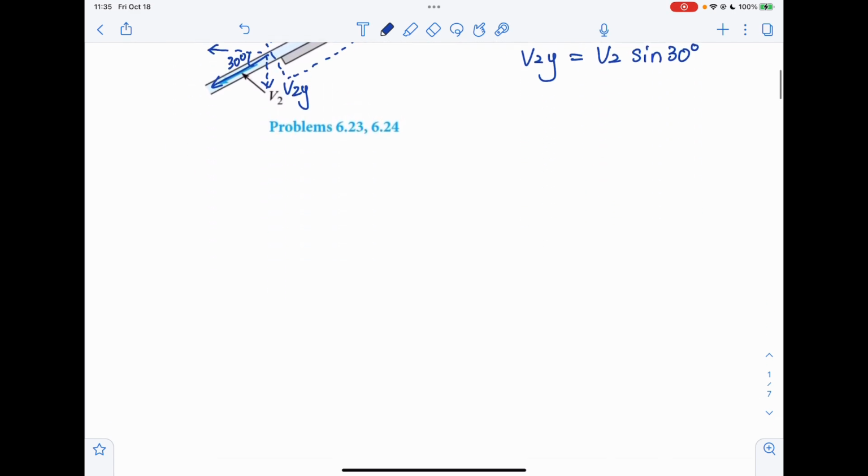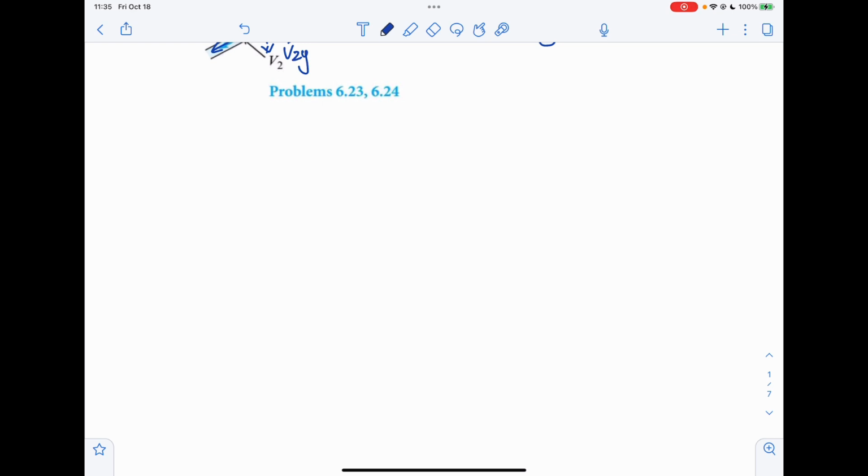First we're going to apply the momentum equation in the x direction. So Fx will equal the mass flux flowing out times the velocity, minus the mass flux flowing in times the velocity coming in here.